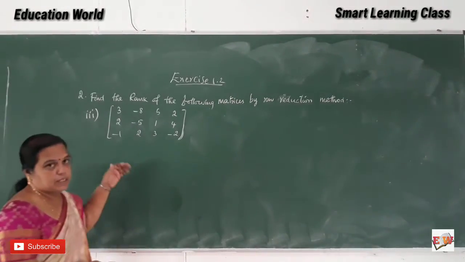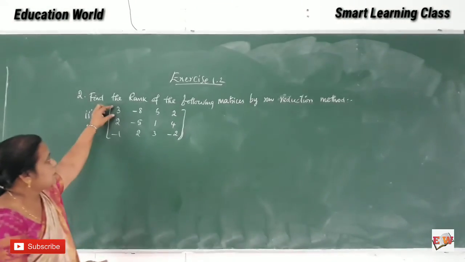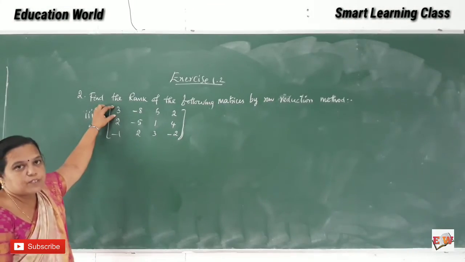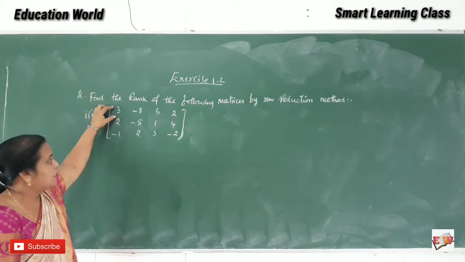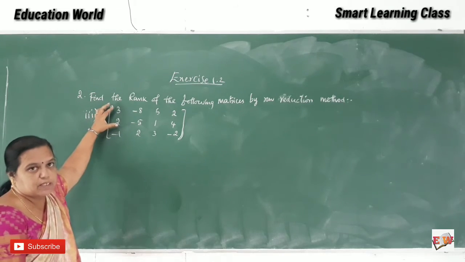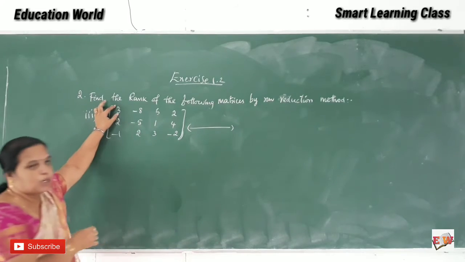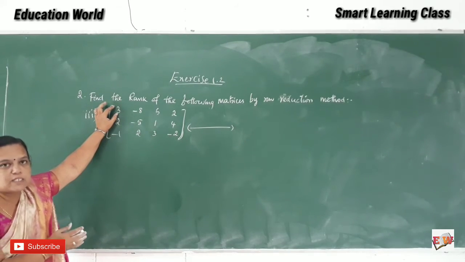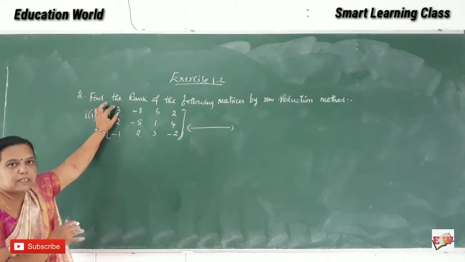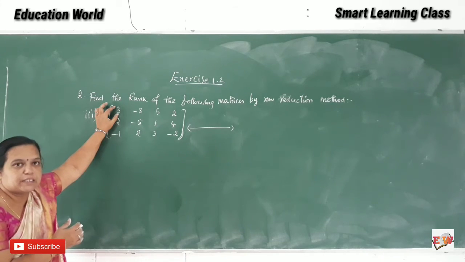Now we are going to see the third subdivision. See, in this first row and first column the element is 3. It is bigger than the other 2 entries, isn't it? So it is a very small number, easy to get the transformation.